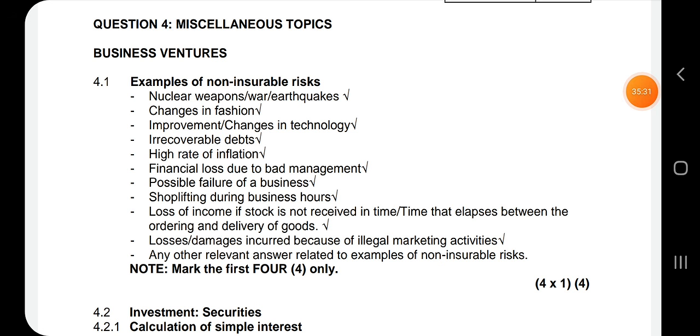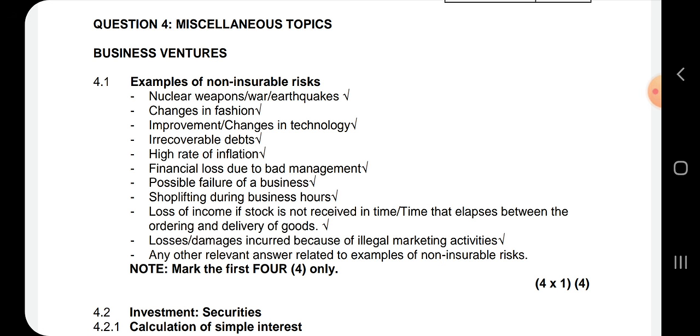So, examples of non-insurable risks. Non-insurable risks are risks that you cannot insure. You can insure your health, your house, your car. So, non-insurable are things that you cannot insure. Those are earthquakes, war, nuclear weapons, change in fashion, improvements, change in technology, irrecoverable debts, high rate of inflation, financial loss due to bad management, possible failure of a business.